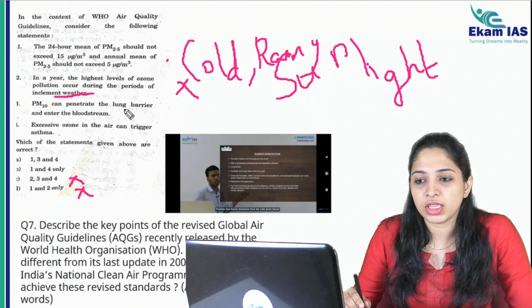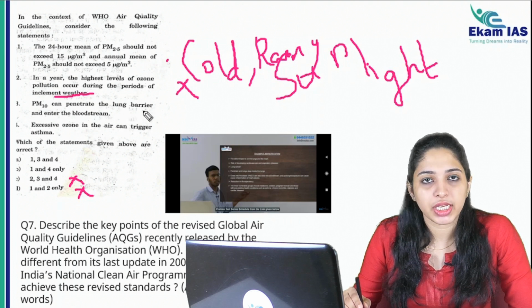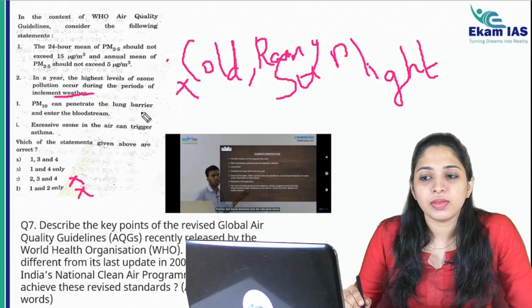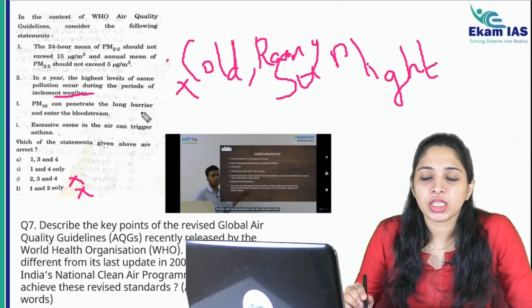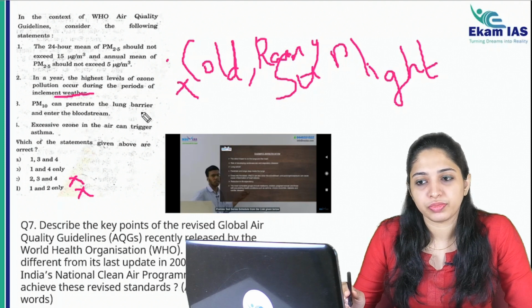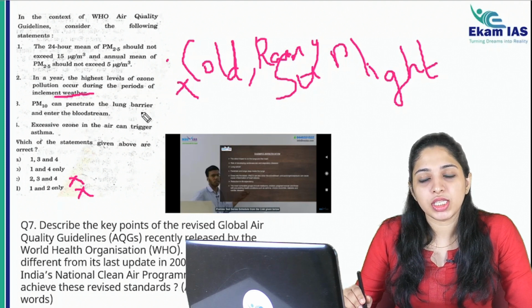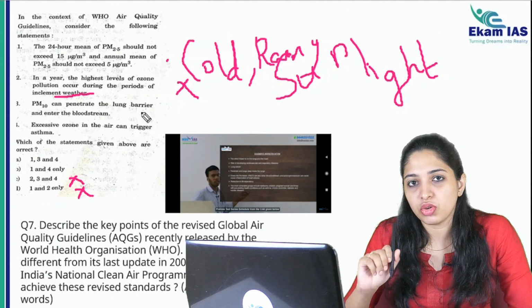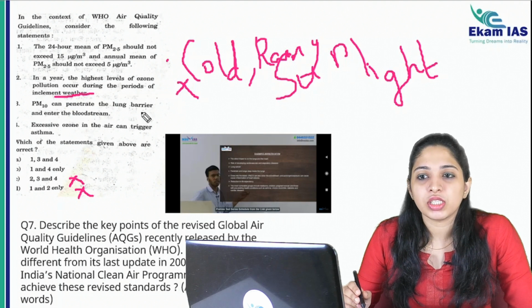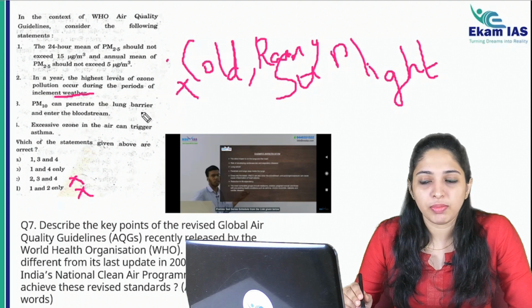Then going to the third statement: particulate matter 10 can penetrate the lung barrier and enter the bloodstream. We can classify particulate matter into two, that is particulate matter 10 and above, and below. Particulate matter 10 and above gets stuck at our nose level and can't go inside. Therefore, it can't enter the lung barrier and the bloodstream.